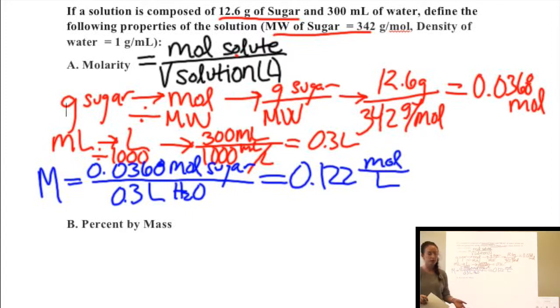So the next problem that you might encounter is one of percent by mass. So the first thing you want to do again is simply define what that is.